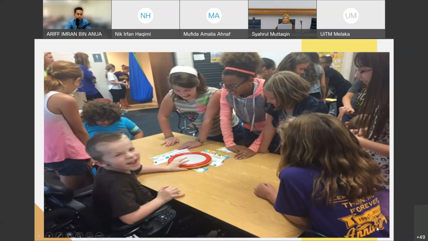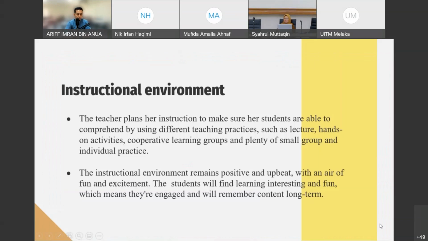And then the next kind of environment is the instructional environment. For the instructional environment, of course, it will be related to the teacher since the teacher is the instructor of the class. So it will relate to the documents and also the media and everything that should be prepared by the teachers before the teaching and learning process.